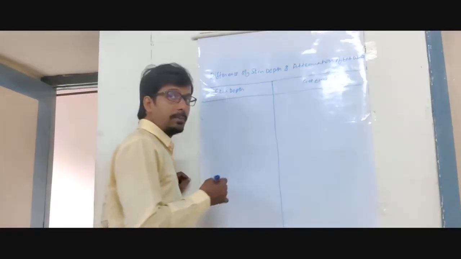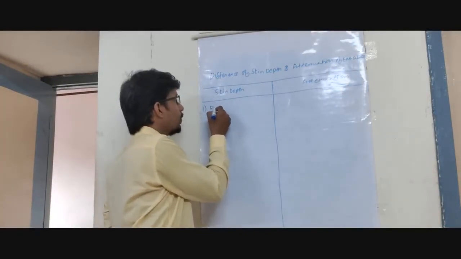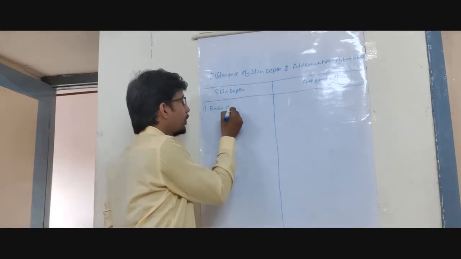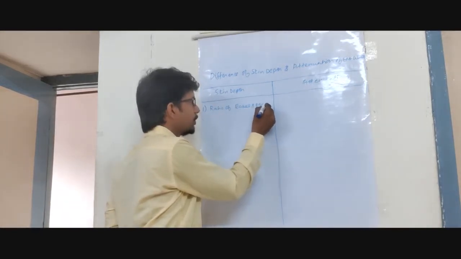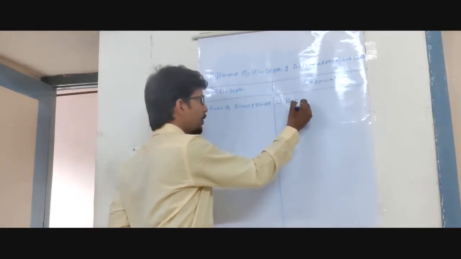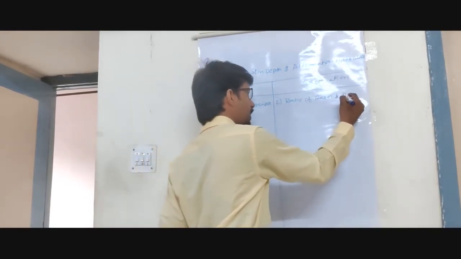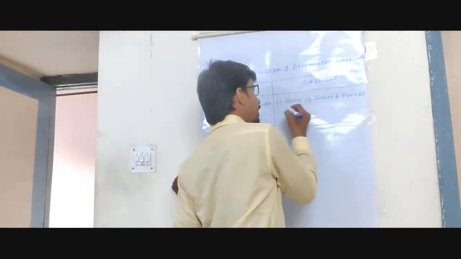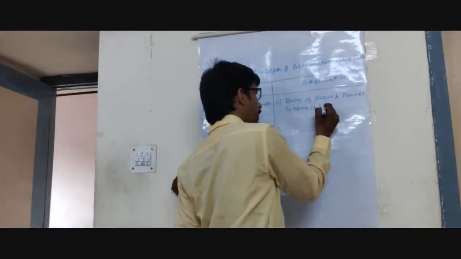Skin depth is related to the ratio of rarer and denser. And here also, the ratio of rarer and denser in terms of wavelength, in terms of lambda.